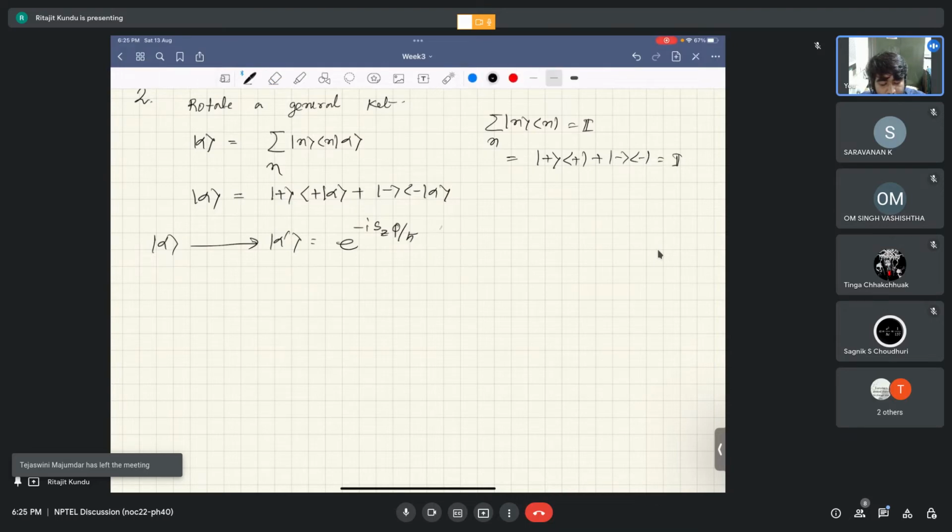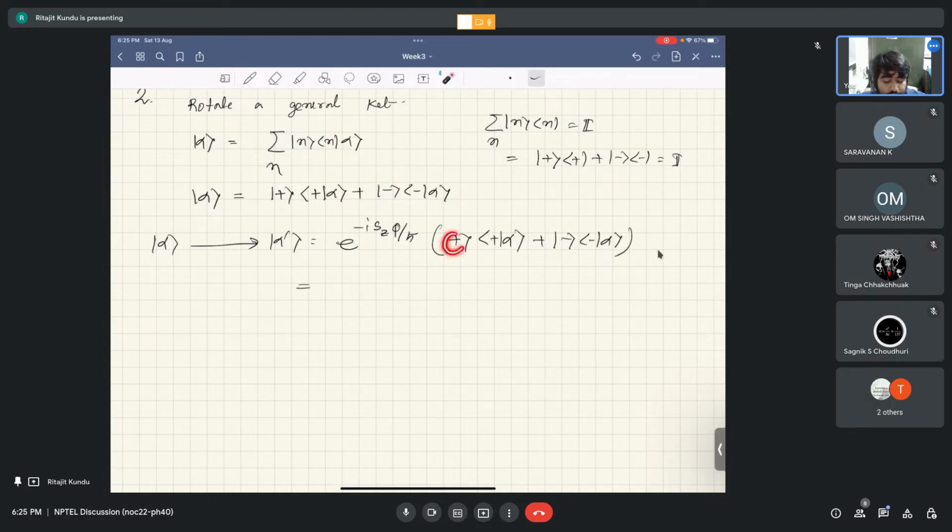Let's just write the state. Rotation by phi gives plus alpha plus, and minus alpha minus. As you might remember, plus is the eigenstate of Sz with plus h bar by 2, and minus is the eigenstate of Sz with minus h bar by 2.